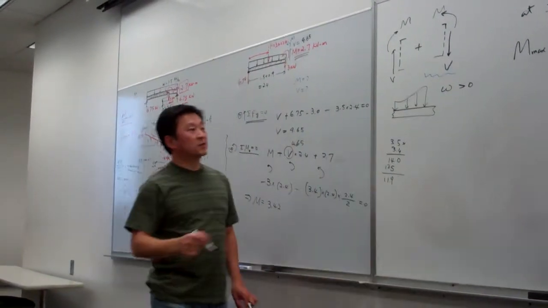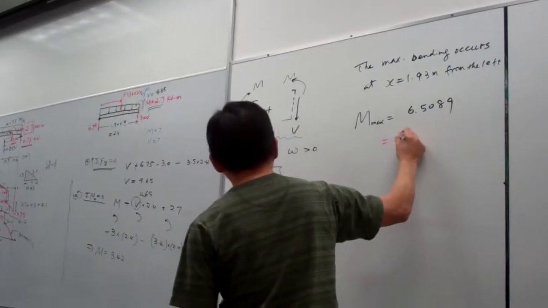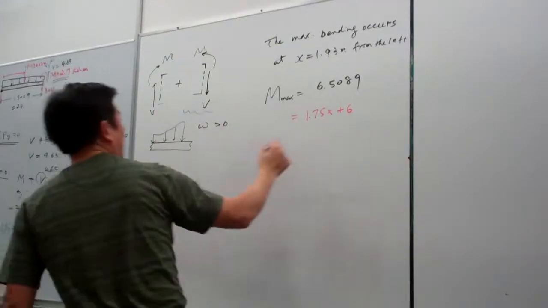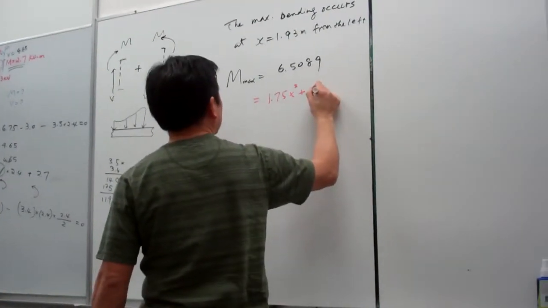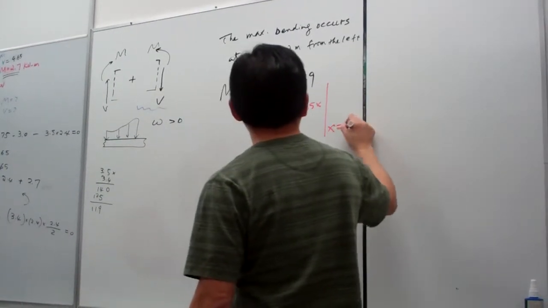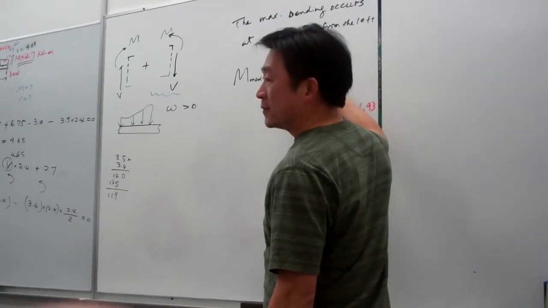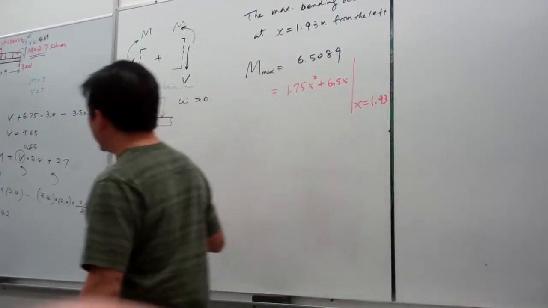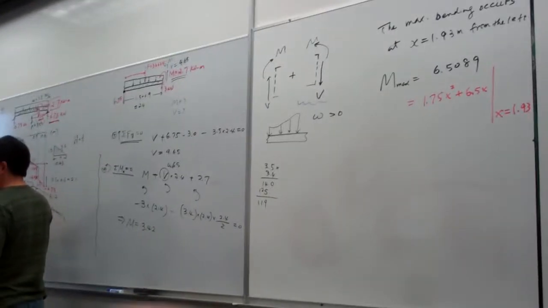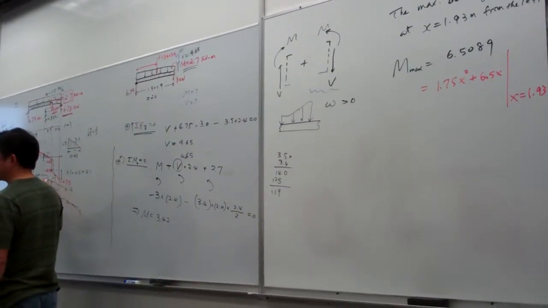So basically this value you can calculate using that equation, negative 1.75x squared plus 6.5x, and then you simply use x equal to 1.93 in this calculation. You can obtain this value. Because we already have the description for this curve, we can calculate the value exactly at whatever point we like.